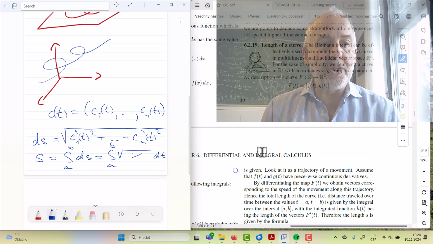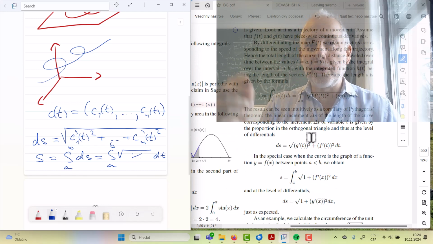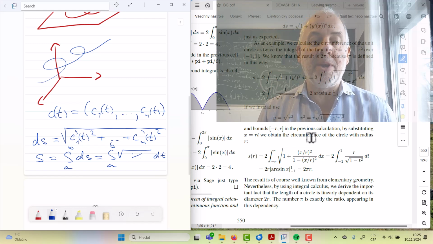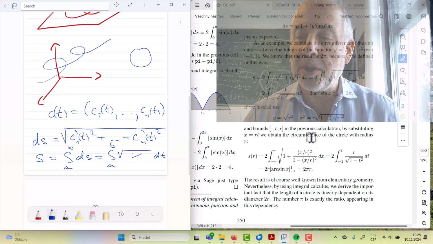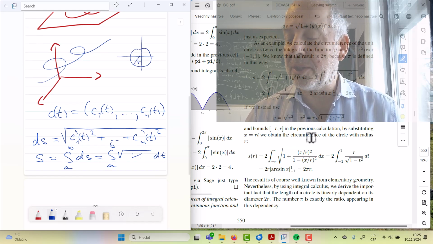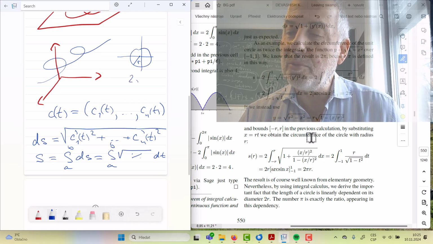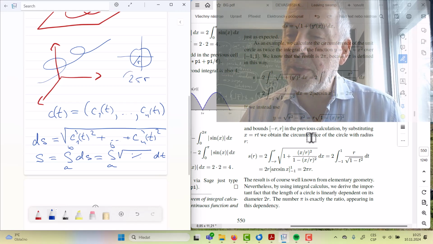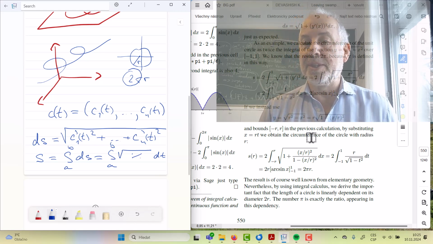So that's very easy, and this way we can compute how long a circle is and see the amazing thing, or verify the amazing thing that if you draw a circle in a plane with radius r, you know that the length of the curve will be 2πr, and the mystery in that is that it's linear in the radius.